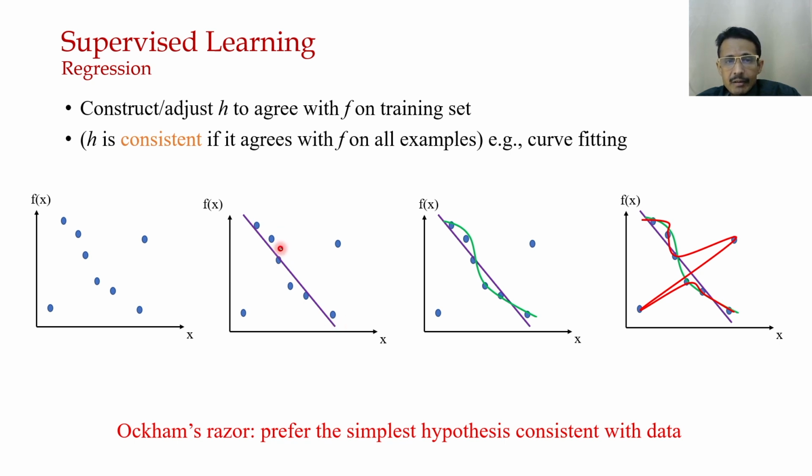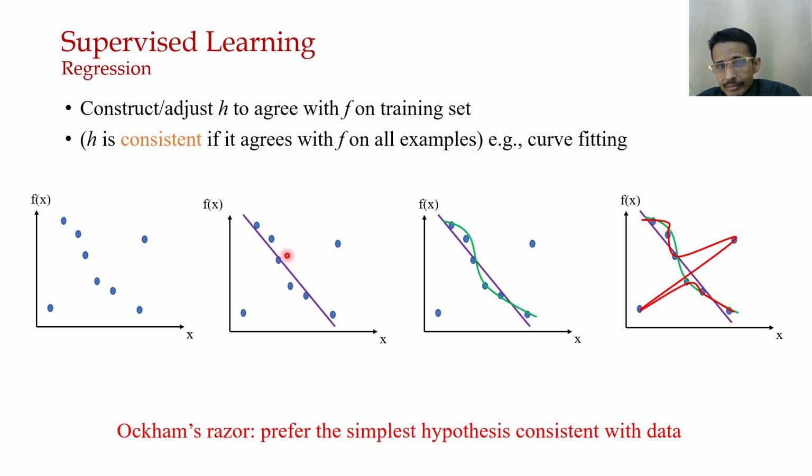You can see the first is linear regression, a straight line, and it represents most of the data points. Again, this one is a curve, which is much more accurate in representing the data points.